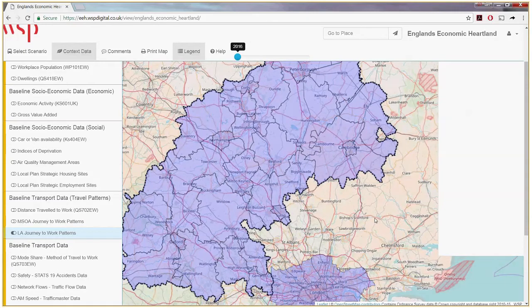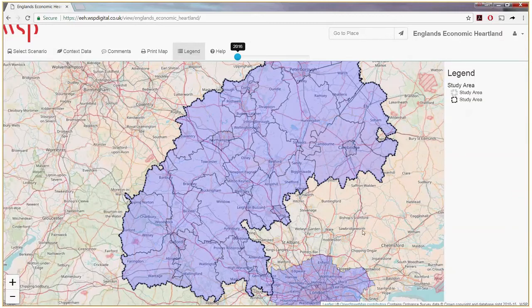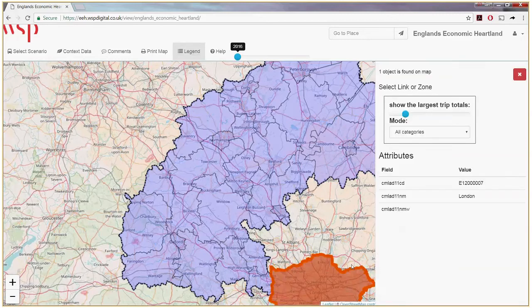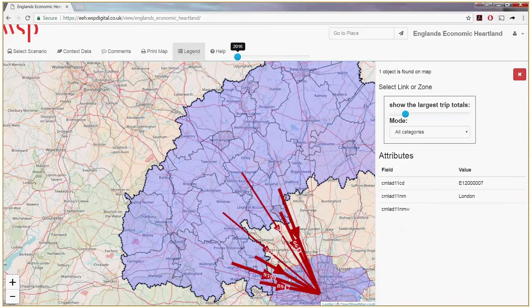So if I pick on a district here, we've got this at district and MSOA level for more detail, and we've included London because it's an important destination for commuting trips. So if I click on a district here, so if I click on London, then the system will show me the top 10 by default commuting flows that are heading for London.